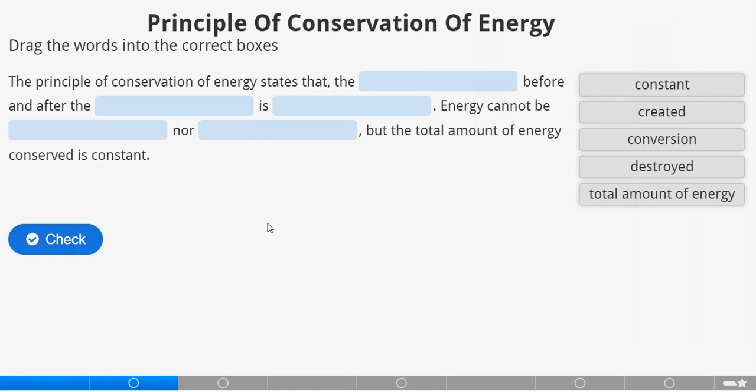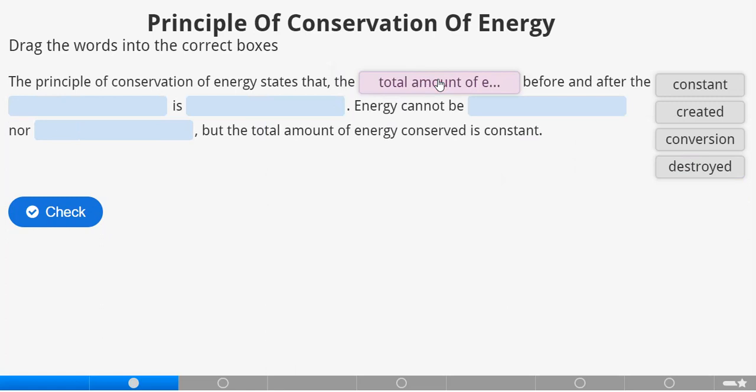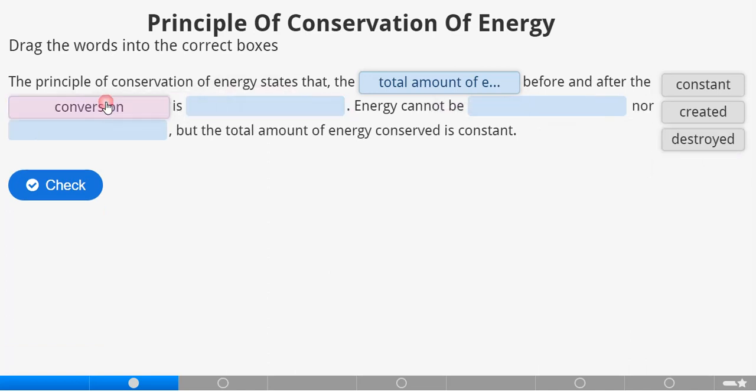Principle of conservation of energy. Let's start by dragging the words into the correct boxes. The principle of conservation of energy states that the total amount of energy before and after the conversion is constant.